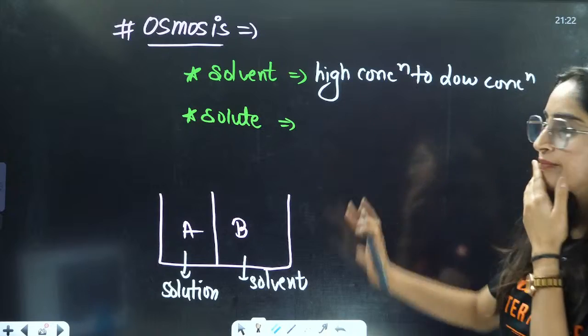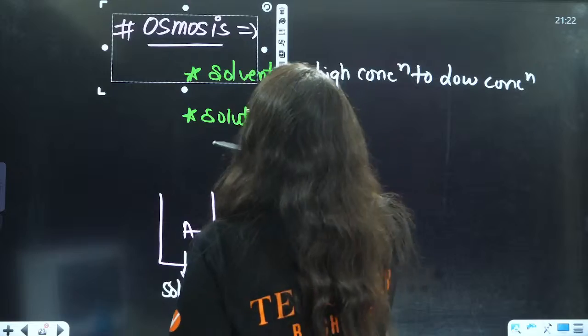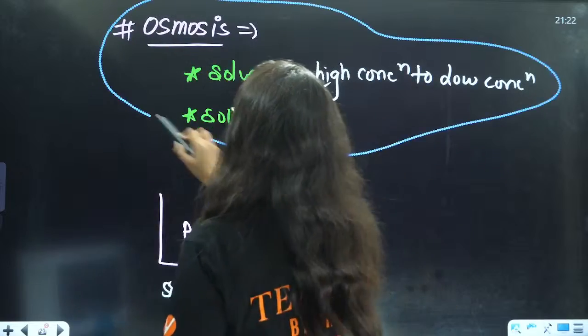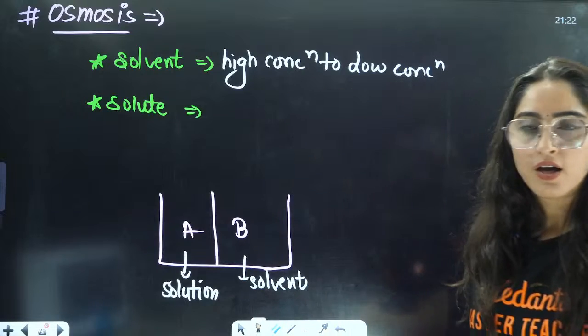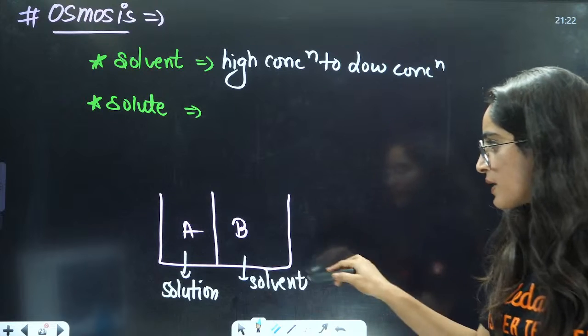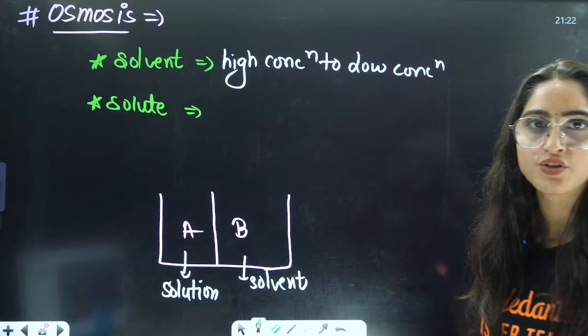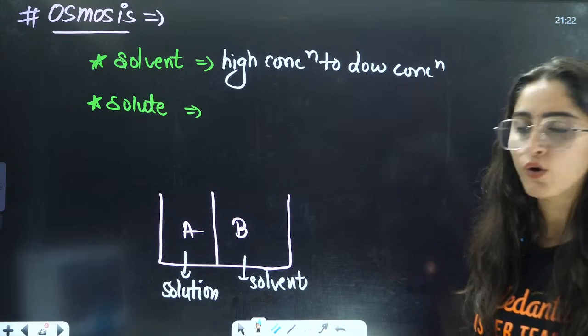Now, from this statement only we will understand everything. I am saying that osmosis is a movement from high concentration to low concentration.